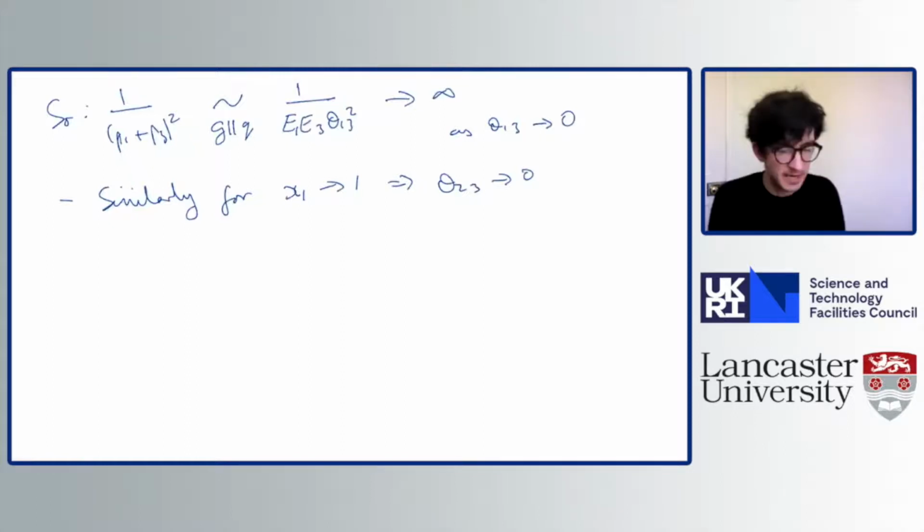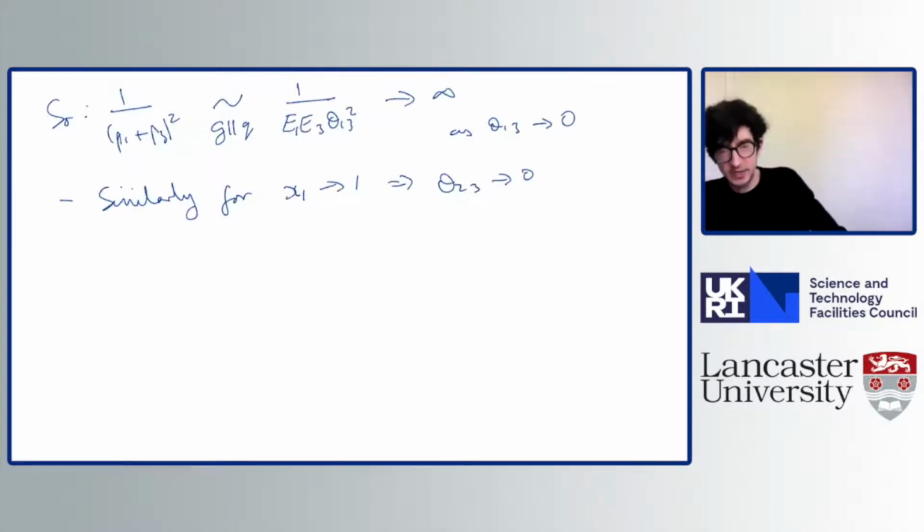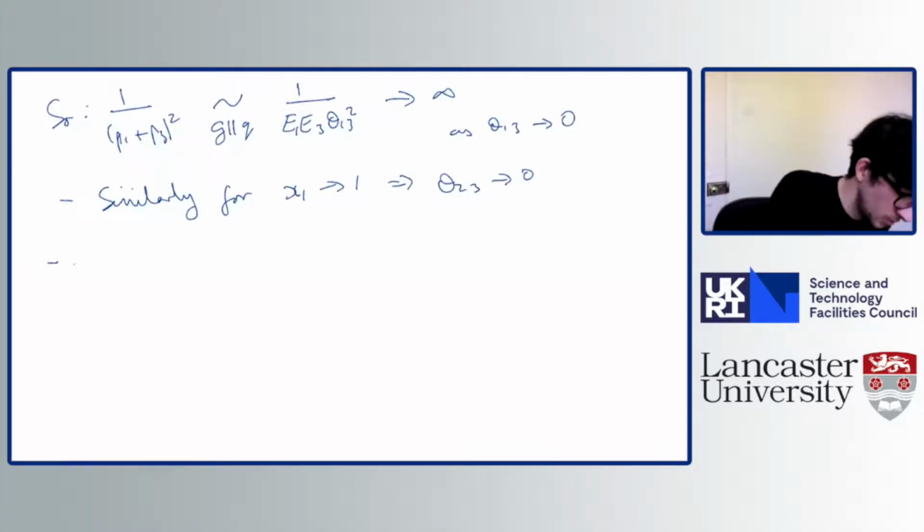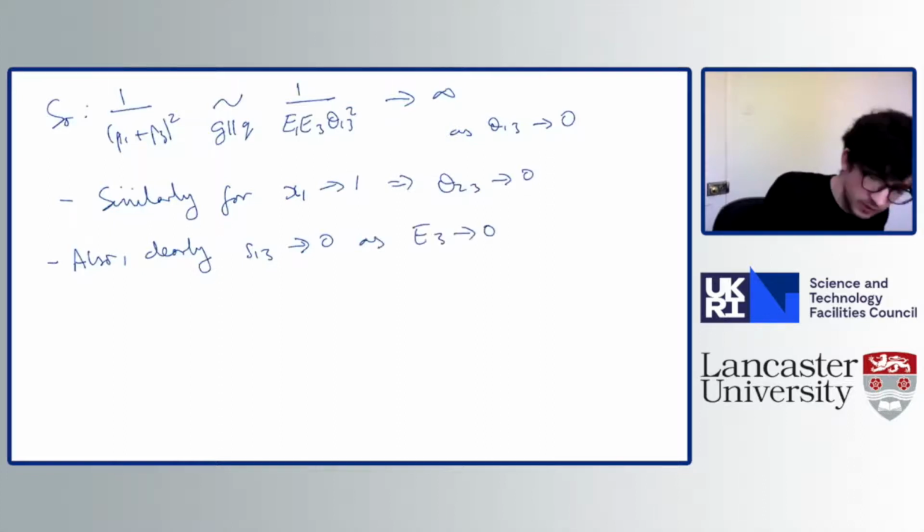The other thing to say is that E3 is in the denominator in both of those cases, and therefore S13 as defined above also goes to 0 as E3 goes to 0. So that's our soft gluon. So that's also there.